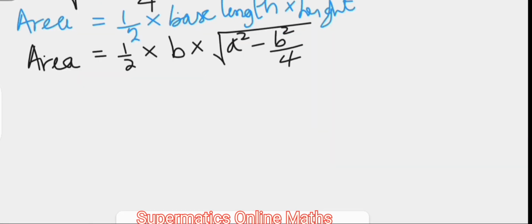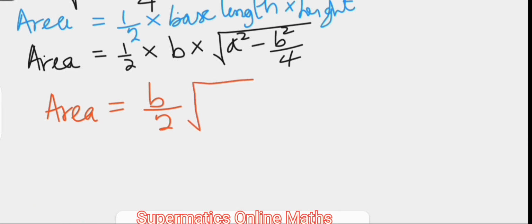This means that the area of isosceles triangles is B over 2 times the square root of A squared minus B squared over 4, where A is the equal side and B is the base side.